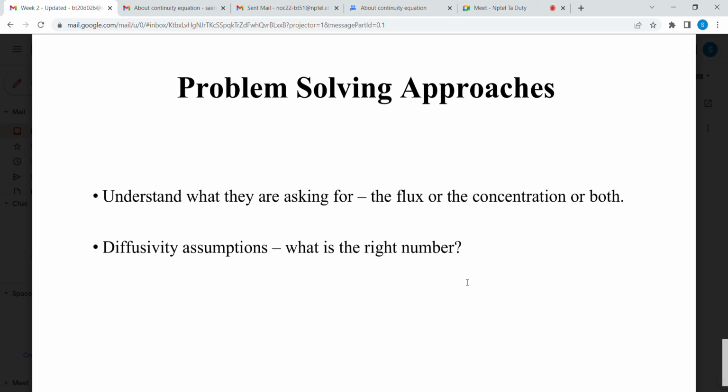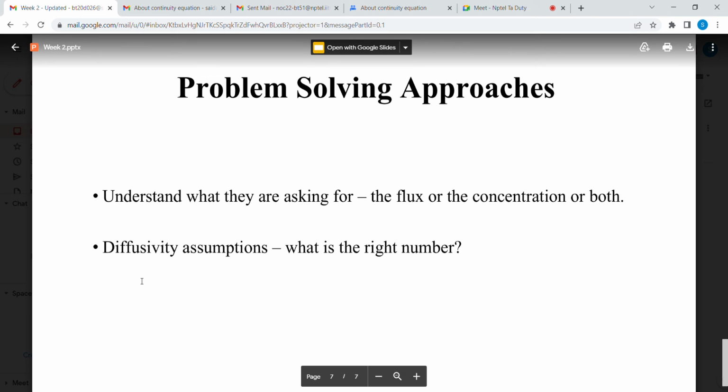Just after reading one data point, don't start calculating. Read the question fully, understand what they are asking for. Sometimes they will ask for the flux, sometimes about the concentration, then the concentration gradient, etc. Understand what they are asking for. That is very important.